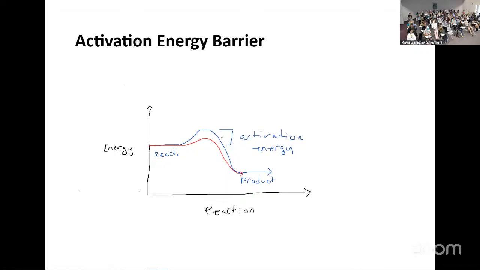So we're going to see that it takes a little bit less activation energy when we have an enzyme present. So that means we can speed up this reaction by adding an enzyme acting as a catalyst. So that's what we see happening here.